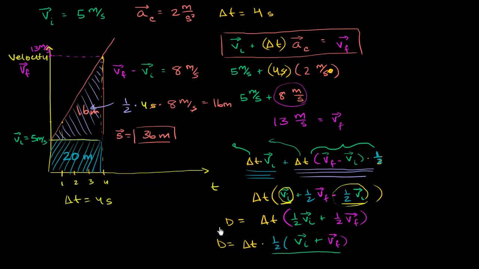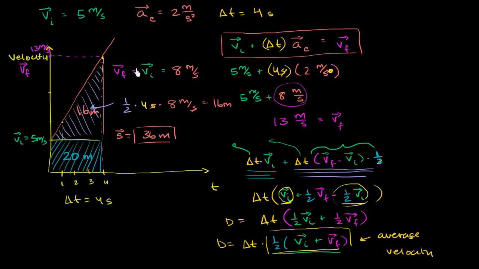And so I'm going to define this as something new. I'm going to call this the average velocity. But we have to be very careful with this. The only reason why I can just take the starting velocity and the ending velocity, add them together and divide by 2, essentially taking the average of these two things, is because my acceleration is constant, which is usually an assumption in most introductory physics classes, but it's not always the assumption.